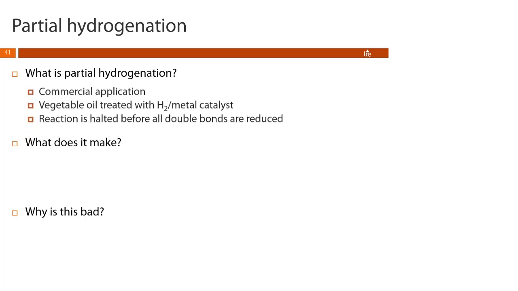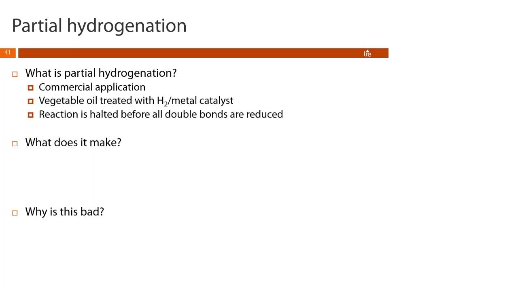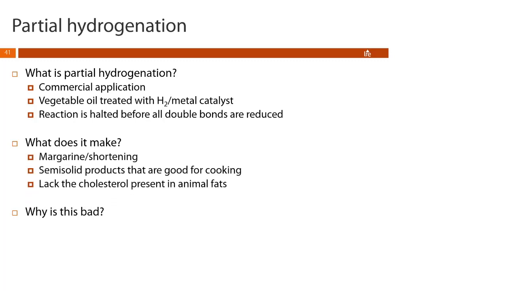Partial hydrogenation is a commercial process where you take vegetable oil and you treat it with H2 and a metal catalyst. But you're going to halt the reaction before all double bonds are reduced. This gives you a semi-solid product like margarine or shortening that's good for cooking, but doesn't have the cholesterol levels present in animal fats.